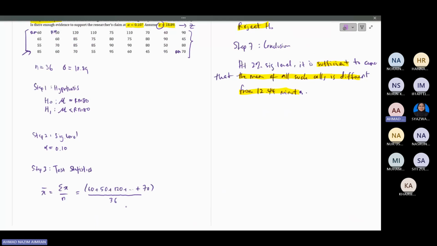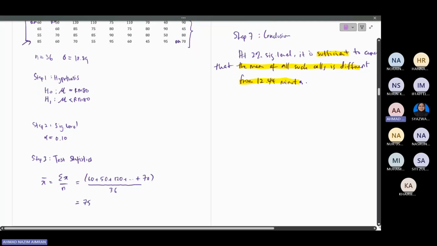Solving this equation, you will get the X bar, the mean of the sample, equal to 75. Okay, now you have the X bar.